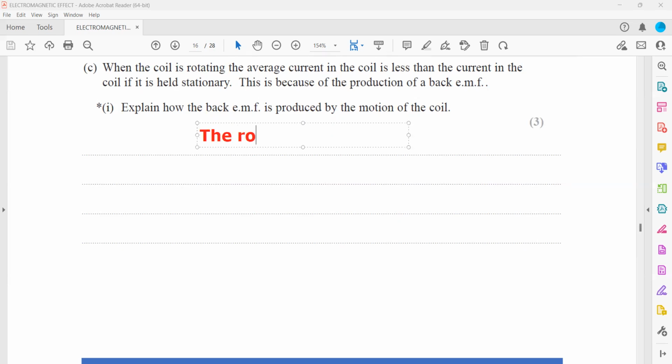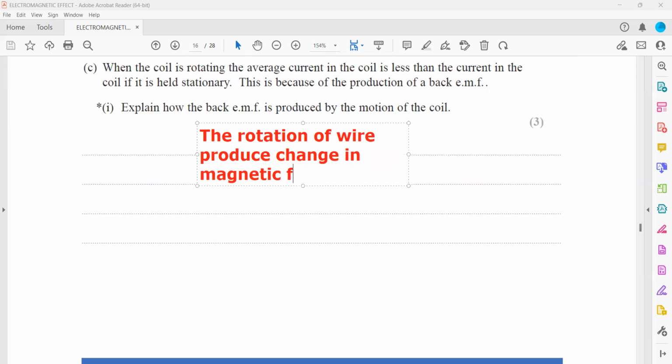So the rotation of the wire produces a change in magnetic flux linkage, because there are more turns, and that magnetic flux linkage induces an EMF, or you can say current.